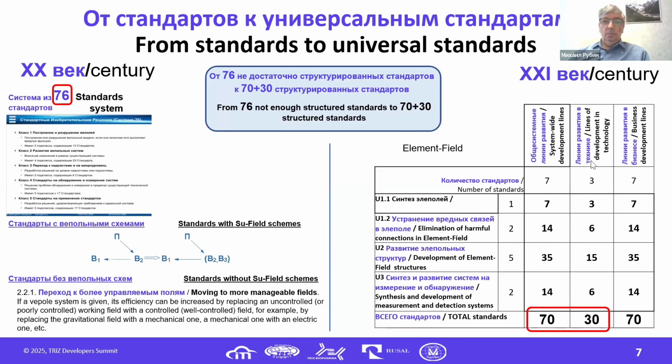With that, we see that we have these system-wide development lines and these synthesis of element fields. Here we have 7 interconnected options for standards. These development lines can be system-wide or they can be developed for technology, for business, or for design, or for something else.